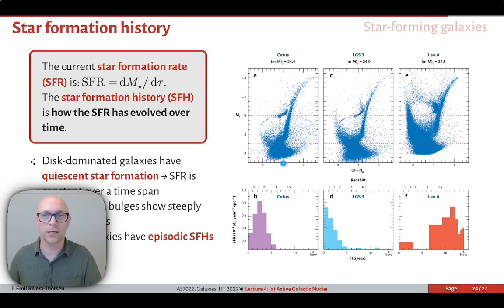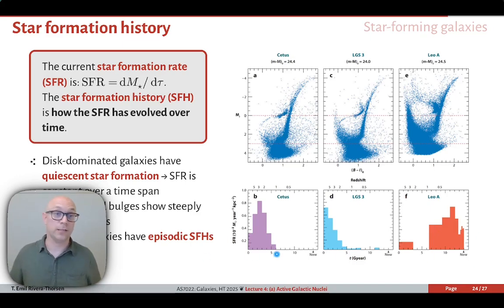And finally, we see a small irregular dwarf galaxy here, which has a very strong episodic bursty star formation history. And here we can see that there are also the remainders of an older star population, like there are in the other ones. But on top of that, we also see that there is a very strong and very prominent main sequence, even out to very, very large masses, very young stars, because we basically have had quite strong star formation going on until this very day.